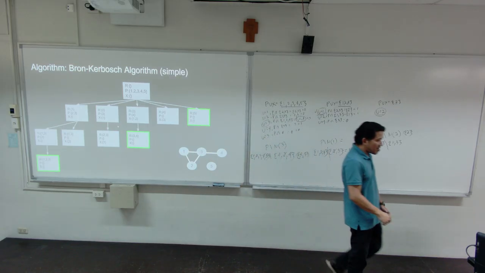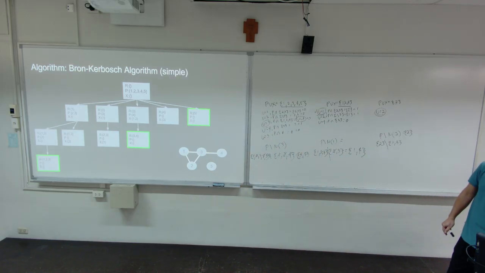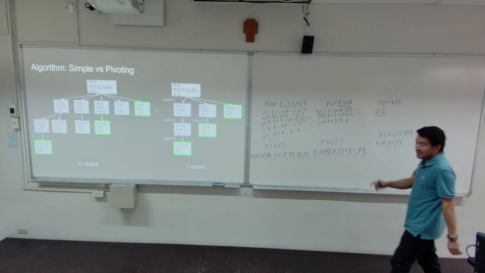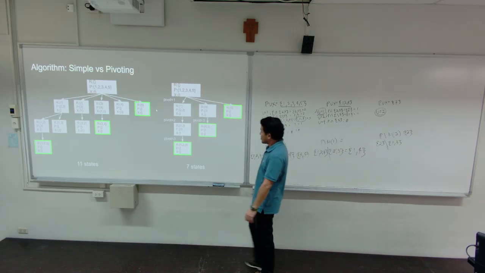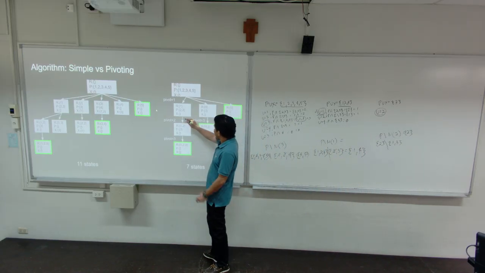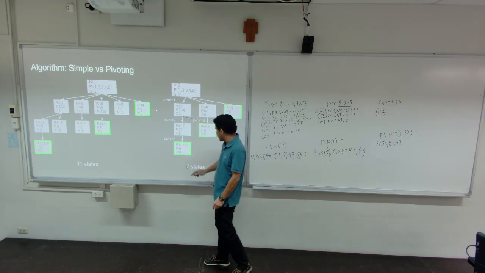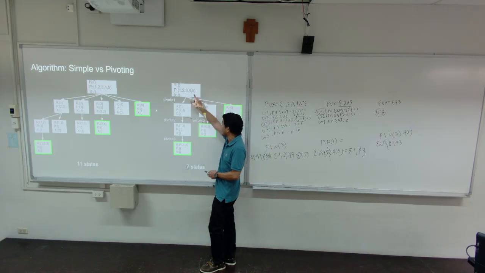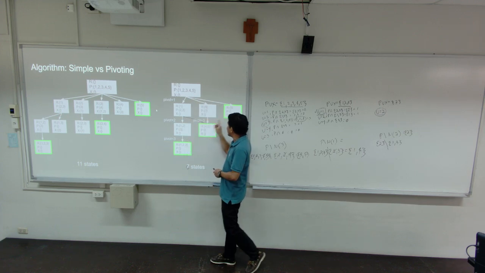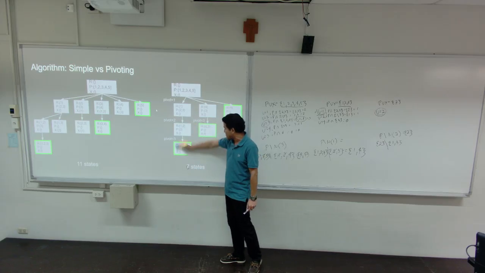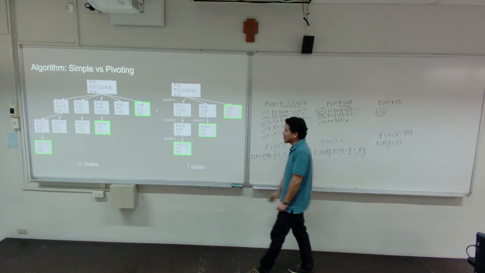So we reduce the number of nodes in our recursion tree from 11 to, correction, just 6 states, including this one, of course. So 1, 2, 3, 4, 5, 6. That is the correction; the slide is wrong.